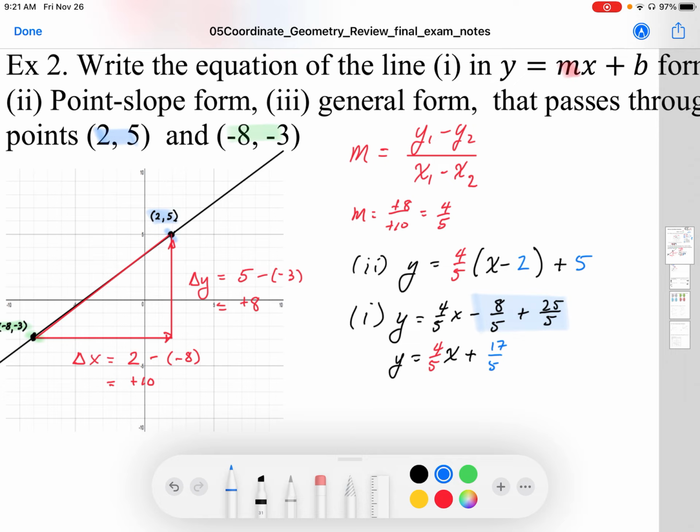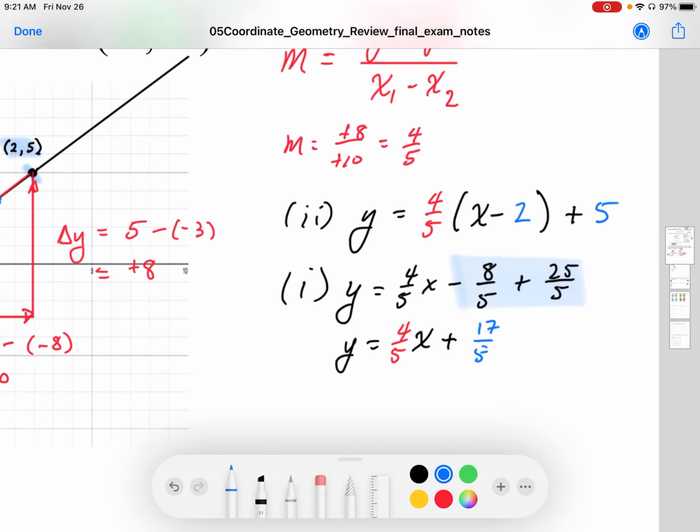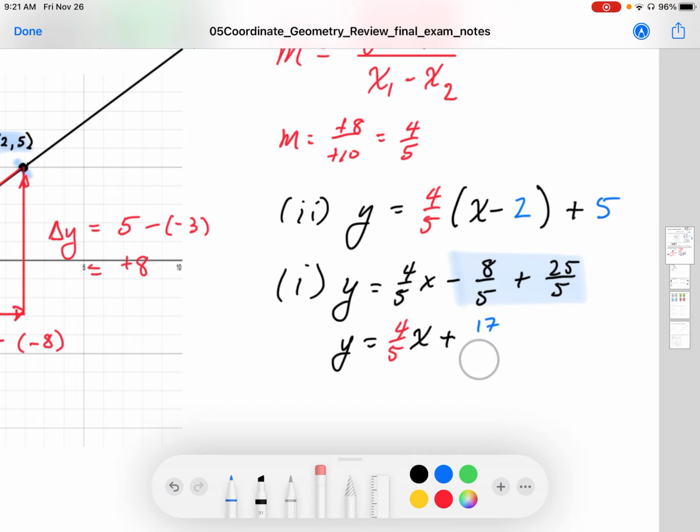That's approximately 3.4. If I take a look at the graph, the y-intercept looks about right. I'm just going to clean that up a little bit. That represents my y-intercept.